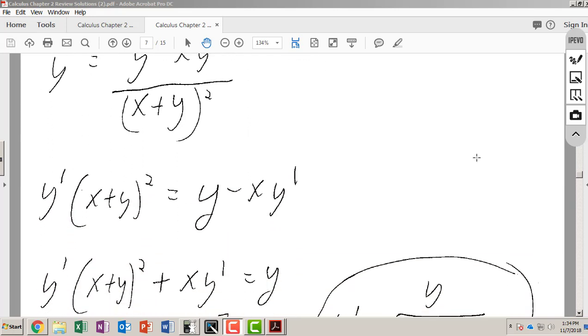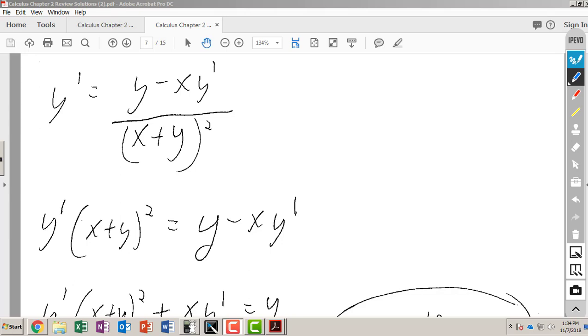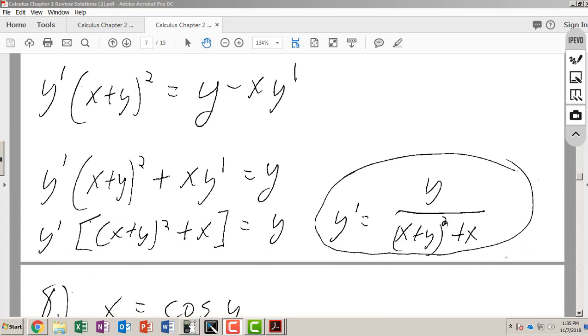So now to simplify it even further, I'm going to multiply both sides by x plus y squared. Now you're going to notice I have y prime times x plus y squared equals y minus xy prime. The reason why I do this is because I need to get my y primes next to each other, because I need to factor those out.